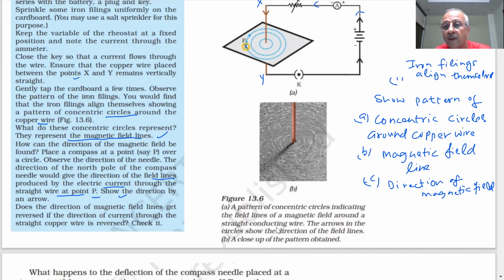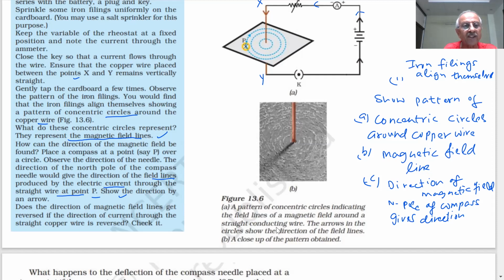What am I saying? The north pole gives the direction of the magnetic field lines which are produced by a straight wire carrying the current.